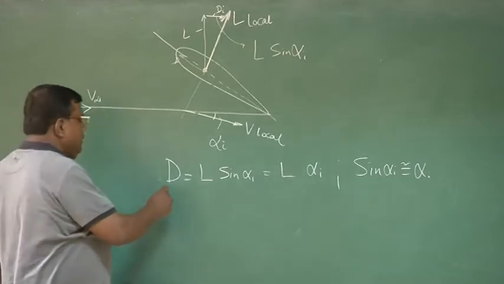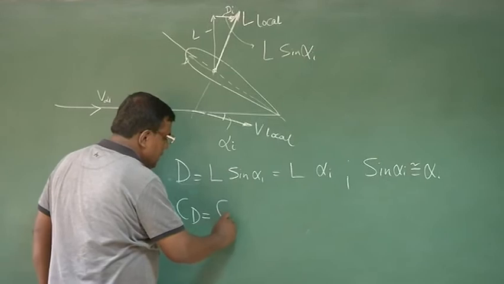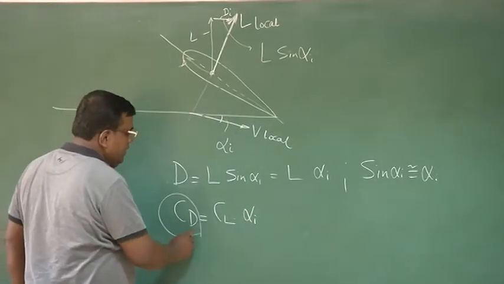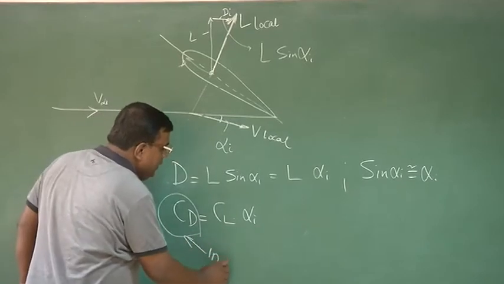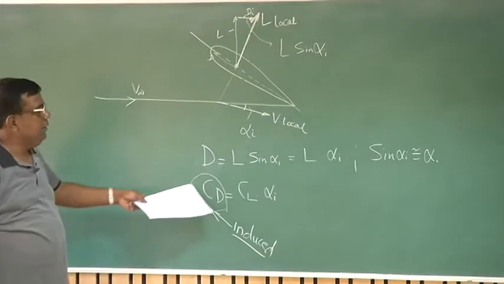Similarly, I can write this equivalently as CD equal to CL into alpha I, where CD, when I am writing like this, please understand, I am talking about the induced drag coefficient, because it is coming from the lift.